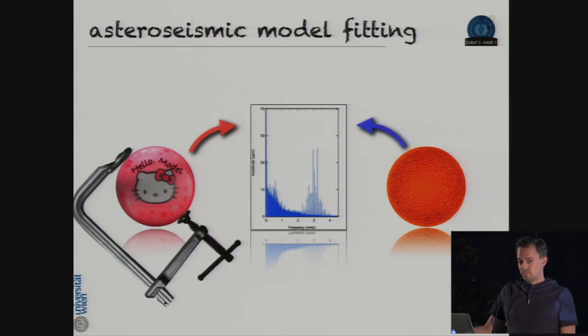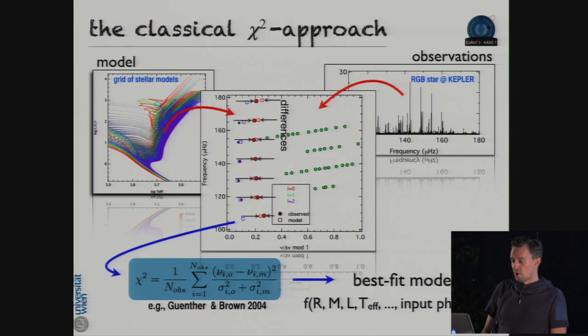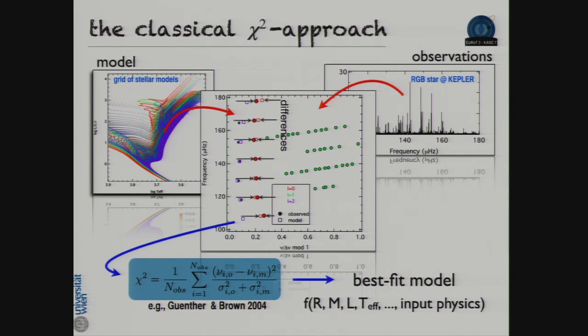Just to remember what is meant by asteroseismic model fitting: you have a star, you observe it, you come up with a power spectrum, you extract the frequencies, then you have models. You compute your models and compute the eigenfrequencies and compare them to the observations. That was usually done with the classical chi-square approach.